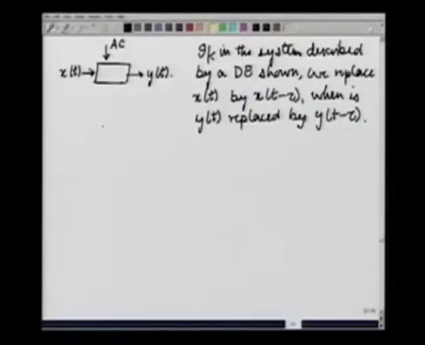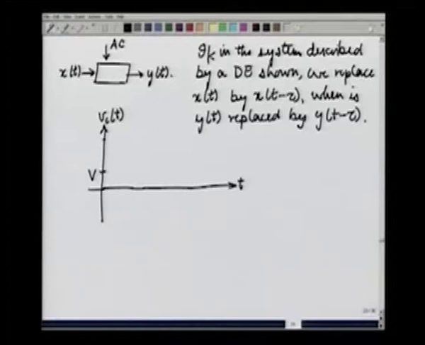Let us just draw that graph again. This was the curve of Vc of t versus time.